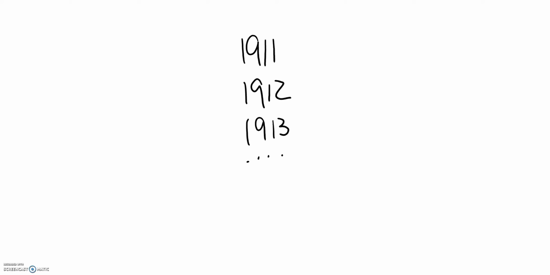So in the next 15 years, so basically 1911, 1912, 1913, yada yada, all the way to 1925, more cases of sickle cell disease popped up, supporting the concept that this was a new disease. So imagine 1911, there are about 3 cases.